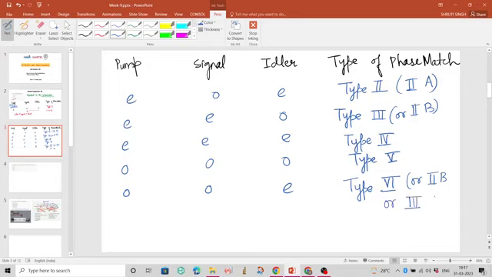Or 3A. The next one, what we have left is OEO and OEE. This is exactly the opposite of the first one.